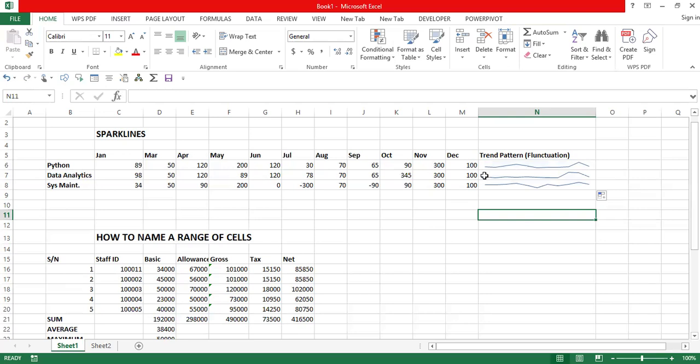It just shows you the fluctuation of numbers. It shows you the trend, whether there's a downward trend or upward trend, or if it's oscillating, going up and down, up and down. You understand?